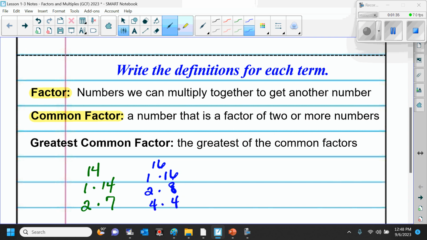The common factors that we have here are, of course, 1, it's common to almost all numbers, and then 2, and that's it. Okay, so the common factors are 1 and 2. The greatest common factor is the greatest of the common factors. So here, the greatest common factor of 14 and 16 would be 2.